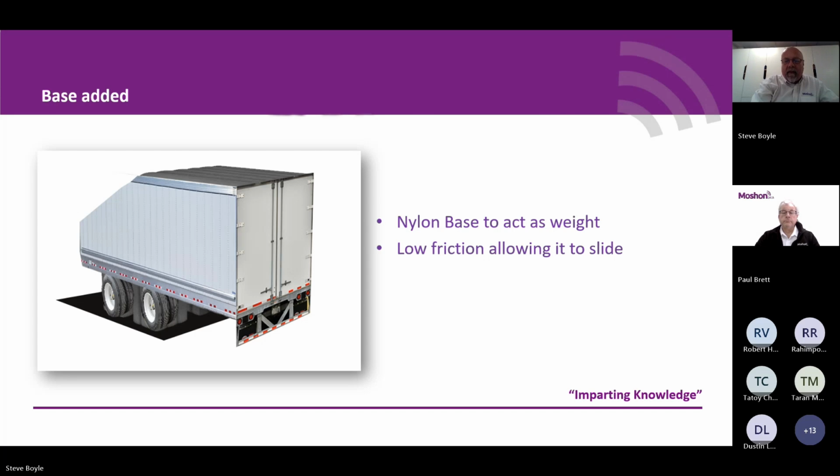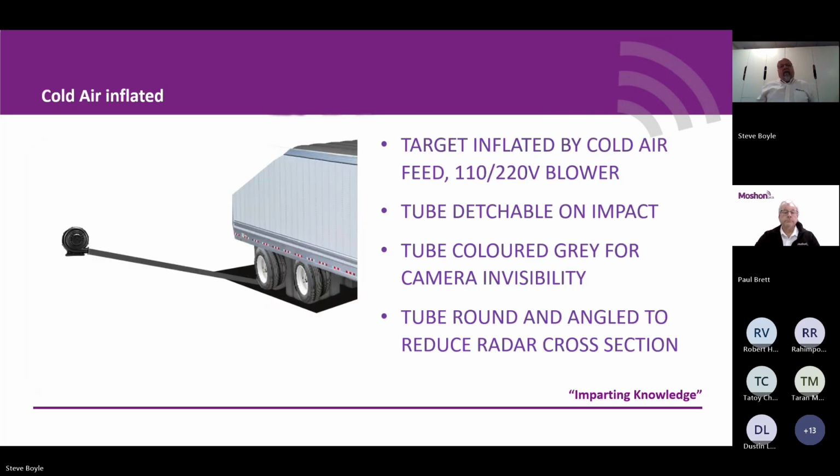So the target we've chosen to manufacture is by what we call a cold air method. It's a constant feed from a blower, where it constantly feeds the air into it to inflate it. And the reason we went down this route is because to make a sealed airtight target of such a size would be a very, very expensive idea indeed, and it would probably cost way too much to be usable.